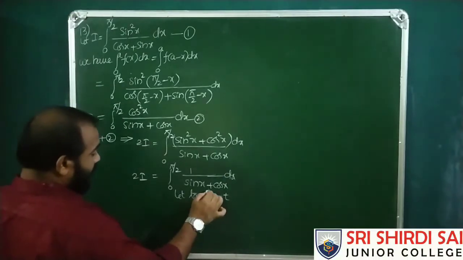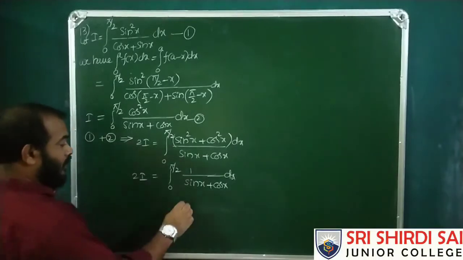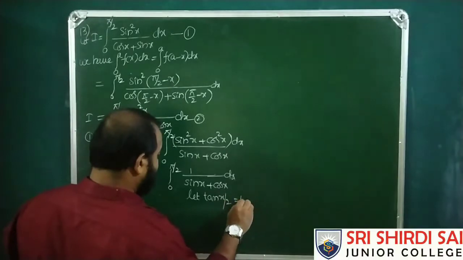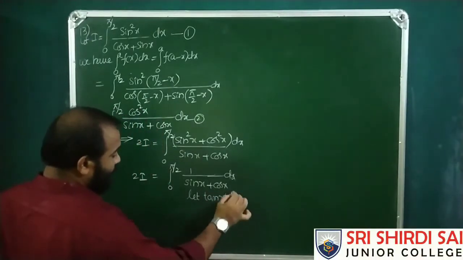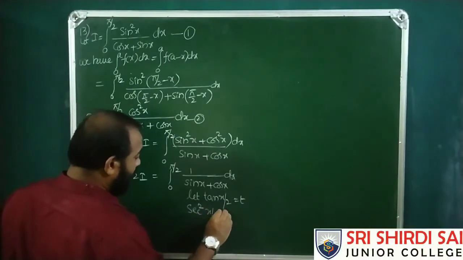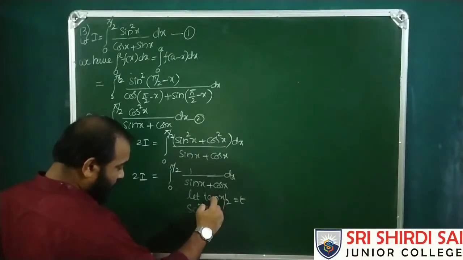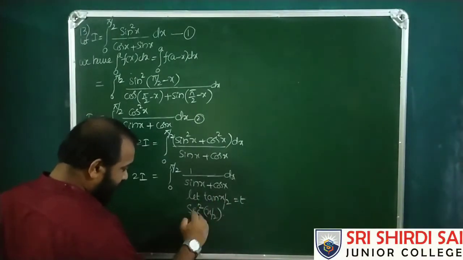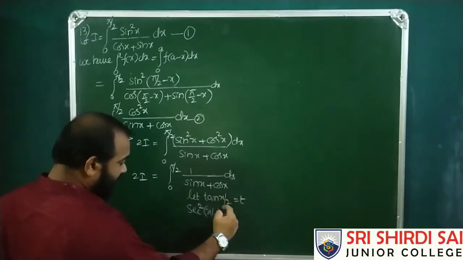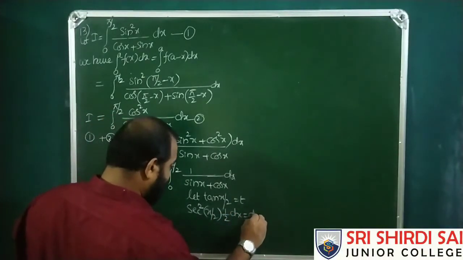So you take x, tan x derivative is secant square. Now let tan x by 2 equal t. So let us take this to be x, tan x derivative is secant square x by 2 into, since x by 2 is treated as x, we need to differentiate it later. d by dx of tan x by 2 is 1 by 2, into dx equals dt.